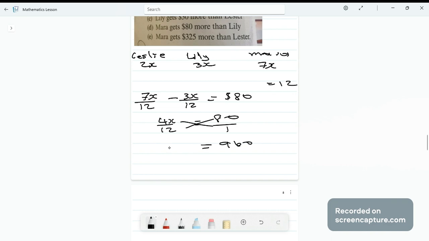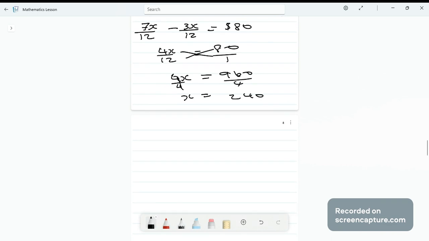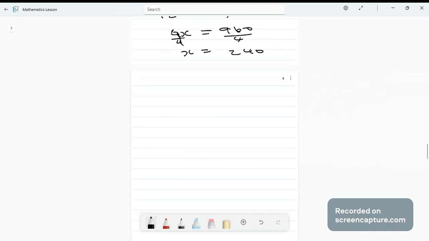And the 4 times the x gives us 4x. In order now to solve for x, we need to divide both sides by 4. x would be equal to 240. All right, so x is equal to 240.